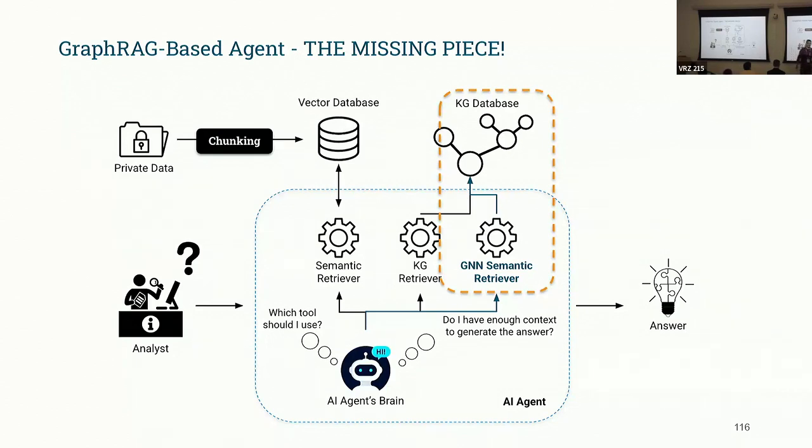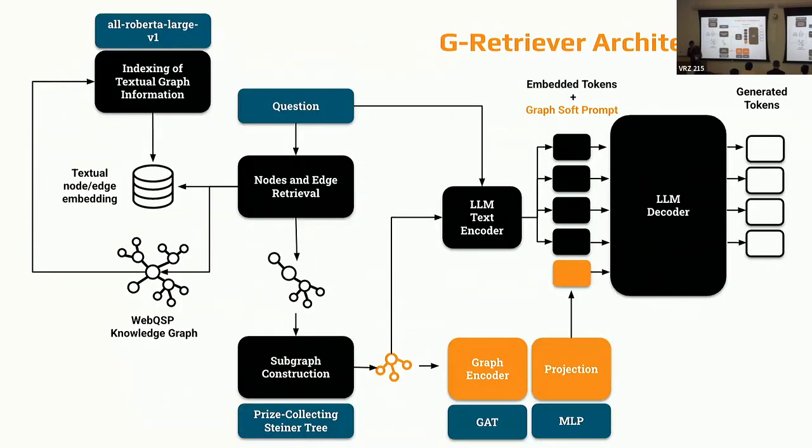But as you can see, it will be difficult to incorporate, in the sense that we have seen the complexity of graph neural networks. We have seen how the architecture depends on the data. So this is something that is hard to implement in terms of costs and potential revenues, I would say. So for now, the research is trying to explore this idea. And this is the main architecture of this G-Retriever.